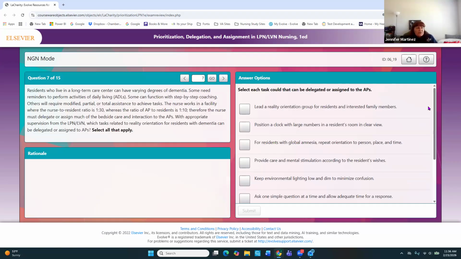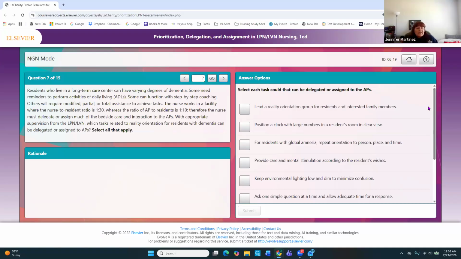All right. So residents who live in a long-term care center have varying degrees of dementia. Some need reminders to perform ADLs. Some can function with step-by-step coaching. Others will require modified, partial, or total assistance to achieve tasks. The nurse works in a facility where the nurse to resident ratio is 1 to 30, whereas the ratio of AP to residents is 1 to 10.